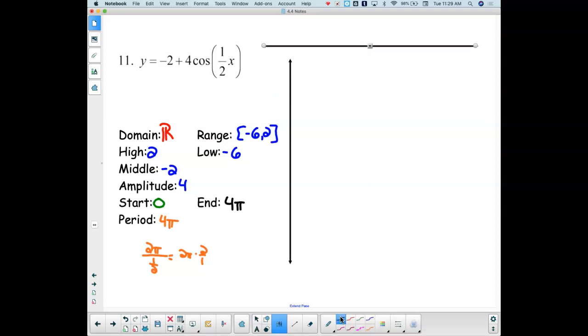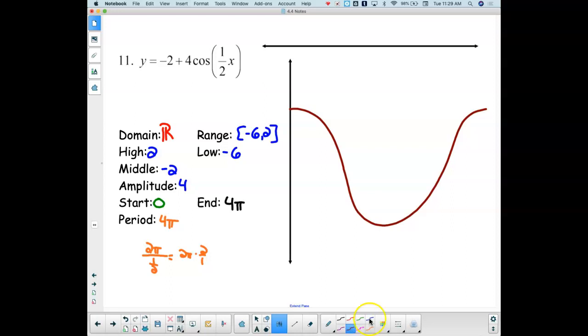Alright, so then we've got a cosine curve. Cosine starts high, middle, or low? High. So this particular one starts on high, then middle, low, middle, high. It started at 0 and ended at 4 pi.